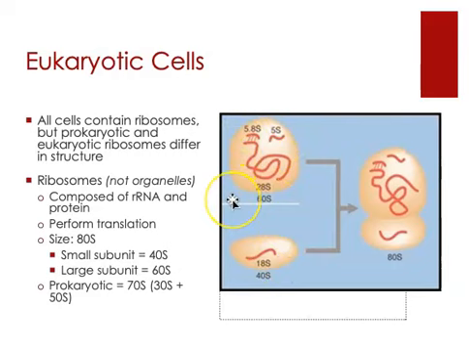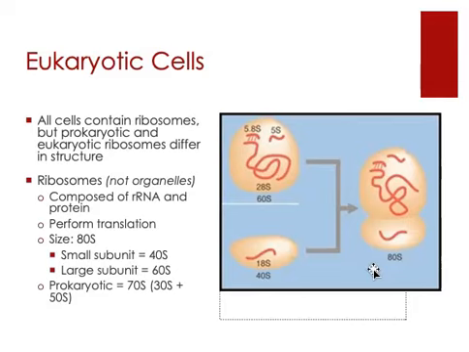When we look at a prokaryotic ribosome, these Svedberg units are going to be different. Instead of a 60 and a 40, we're going to see a 50 and a 30. And the total ribosome combined in a prokaryote has 70 Svedberg units in it instead of 80. Again, the ribosome does the same job in a eukaryotic cell and a prokaryotic cell.